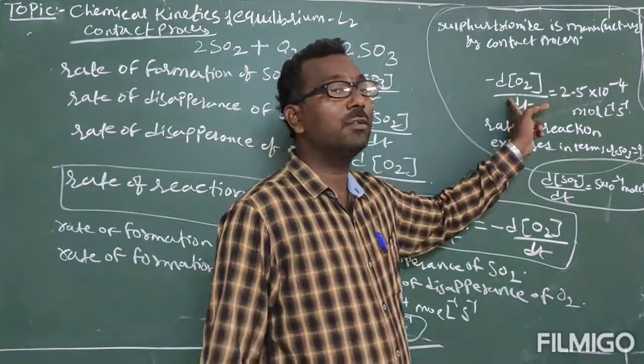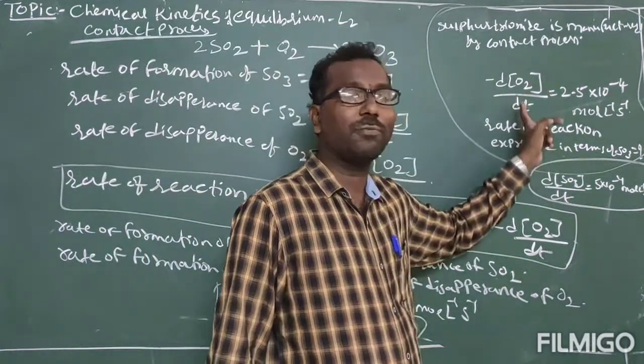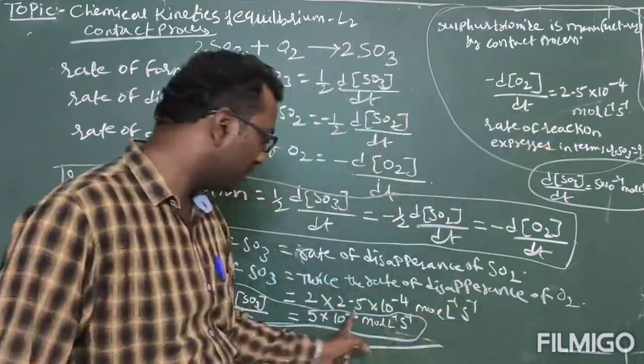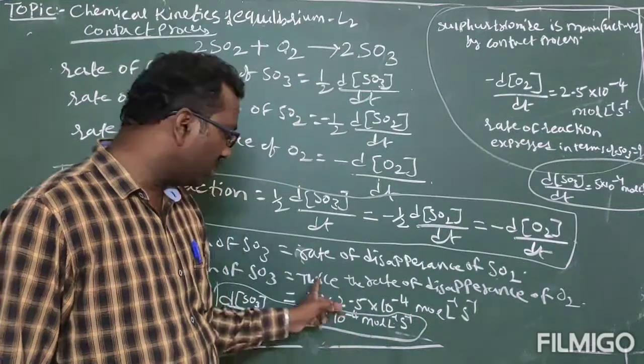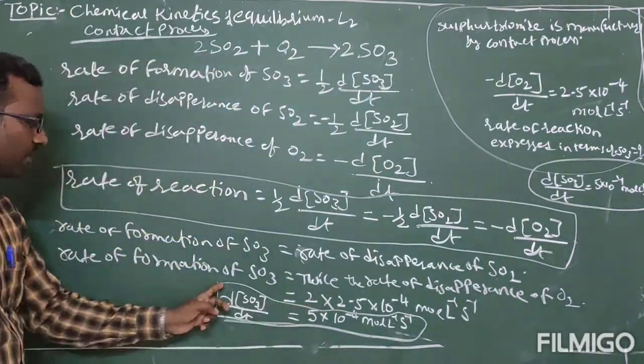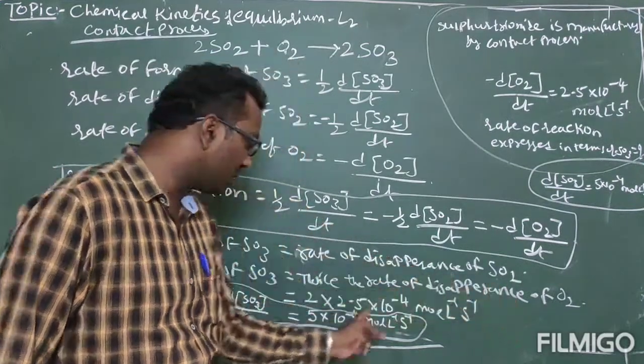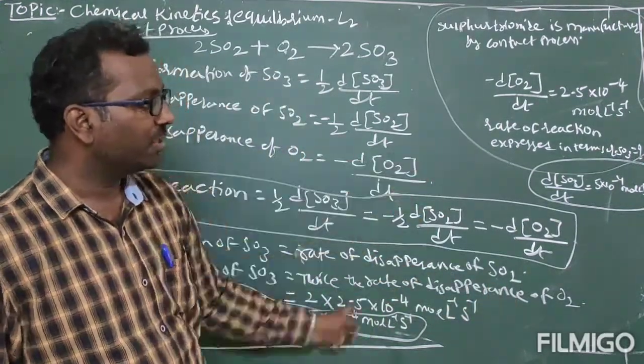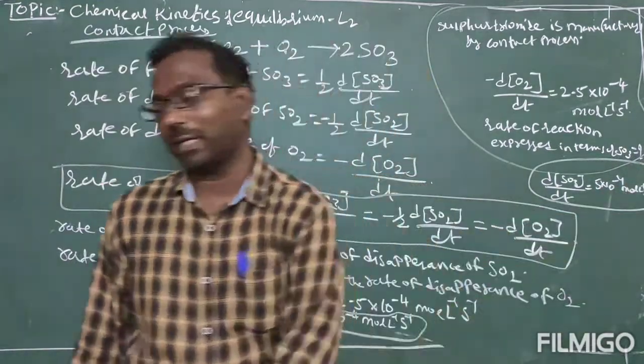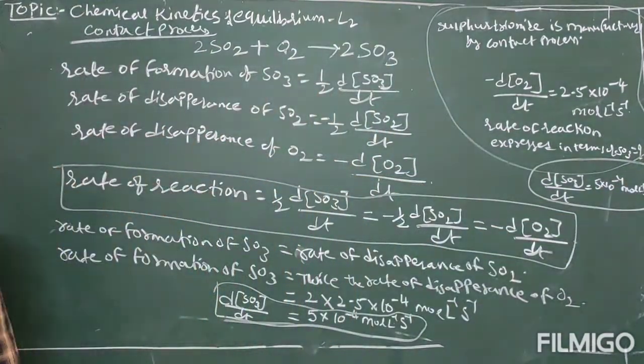He has given the rate of disappearance of oxygen. So what is the relation? SO3 is twice the rate of disappearance of O2. So 2 into 2.5, it will come 5 into 10 power minus 4 mole liter inverse second inverse. So that is the answer.